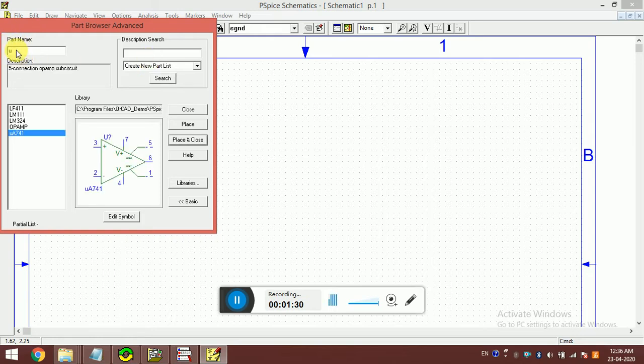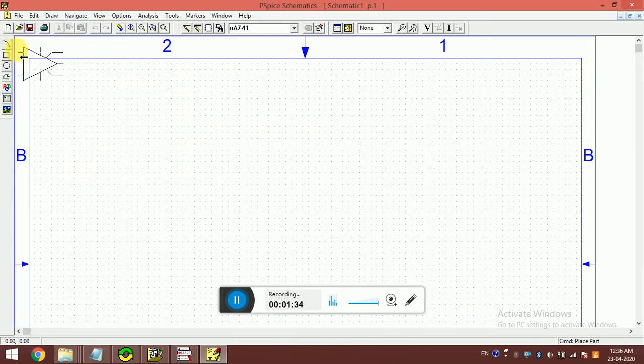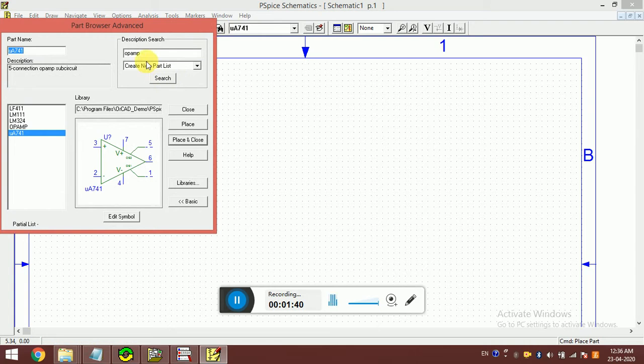Like for our op amp we have to write mu A741. So I have to type this exactly. But if you have this description search, then you can search op amp and you will find this mu A741, because this is the commonly used op amp for analog applications. So I will take this. Place and close.